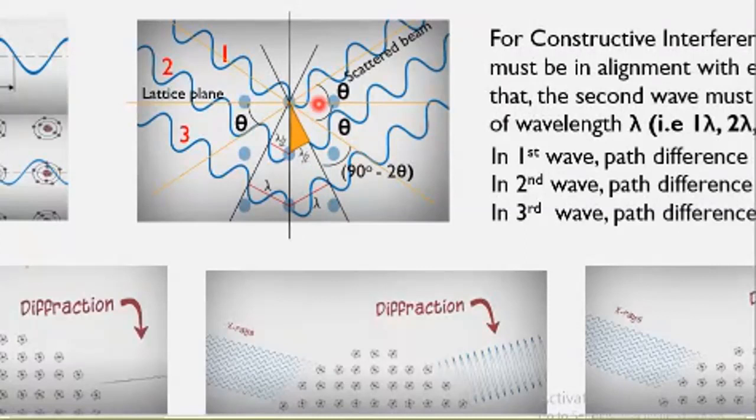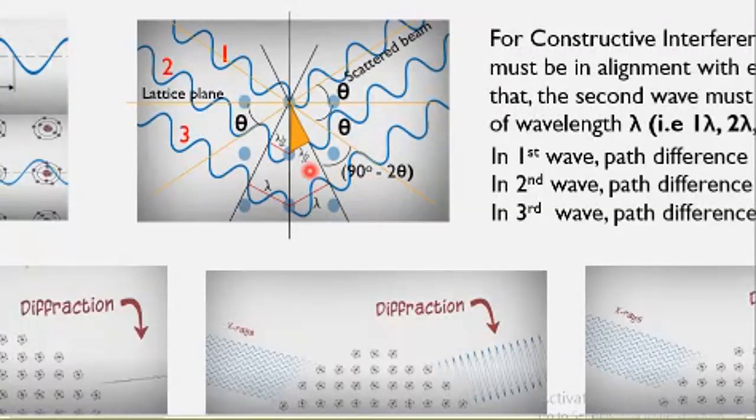If this angle is 90 degrees, then here we can apply complementary angles and we can say that this angle will be 90 minus 2 theta, since theta plus theta is 2 theta.